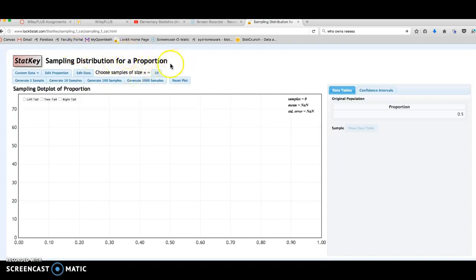We'll go over some of this in class, but also make some more videos of how to do this. For right now, we're going to choose a sample size of 10, and assume that Reese's is correct and that the proportion should be 50%. I'm going to generate one sample, simulating grabbing 10 Reese's Pieces and counting how many of them are orange.